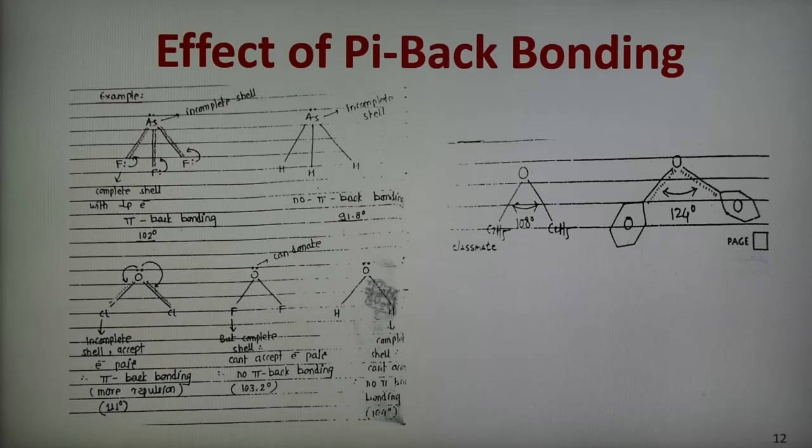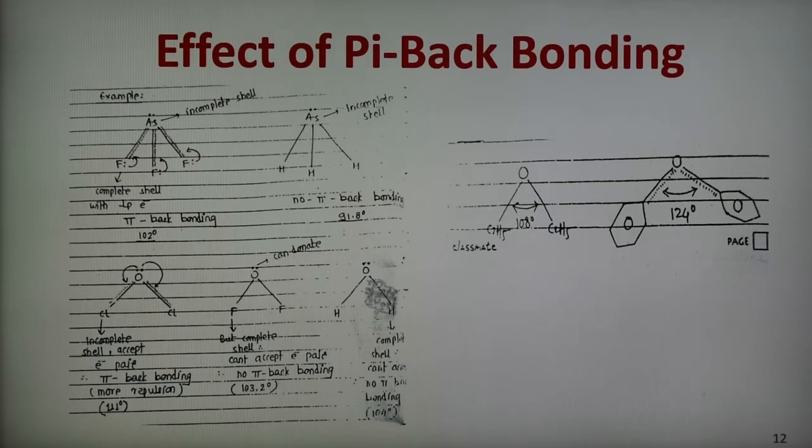According to the VSEPR theory, a double bond has greater repulsion strength than a single bond, so due to more repulsion the bond angle increases, that is, 124 degrees.